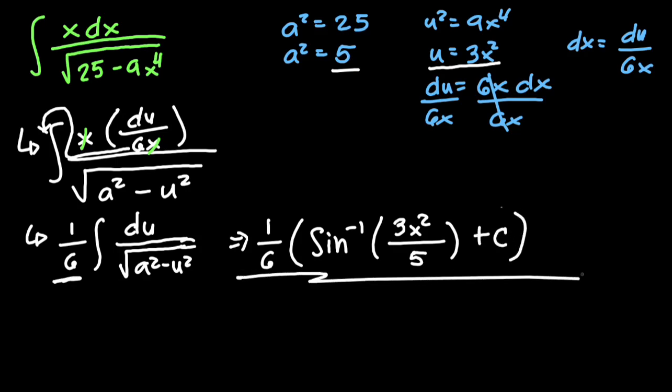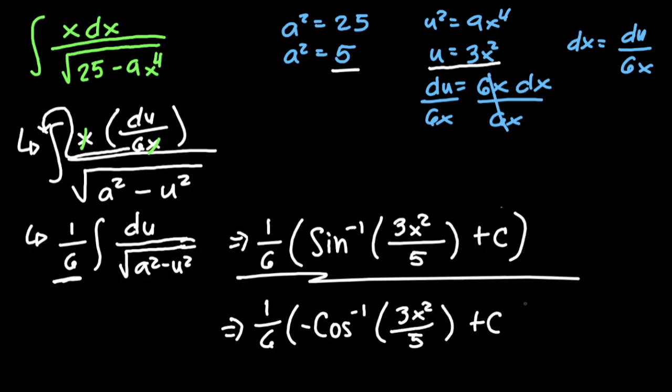So this can be the answer, or if the alternate answer is what you want, it would be 1 over 6 multiplied by negative arccosine of 3x squared over 5 plus the constant of integration, or plus c.